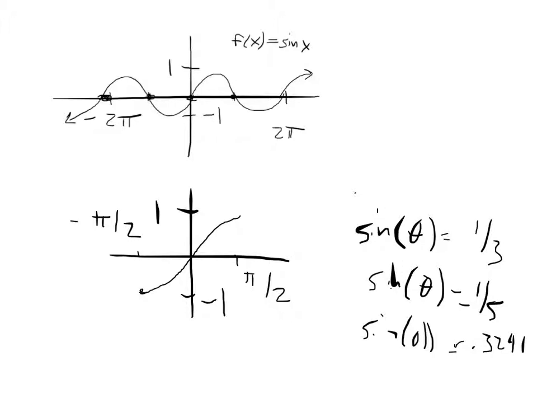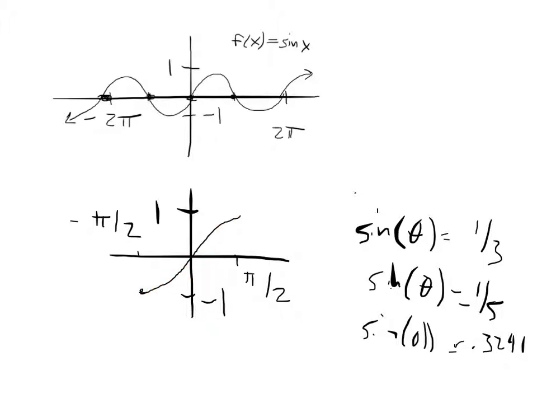If I find that value on this piece, the y-coordinate, between -1 and 1, I then can go down and I'll have one and only one x value, angle, that would be the angle whose sine is my number that I give you between -1 and 1.